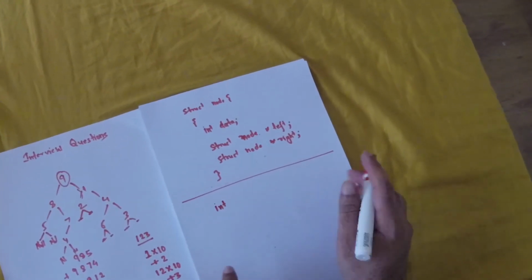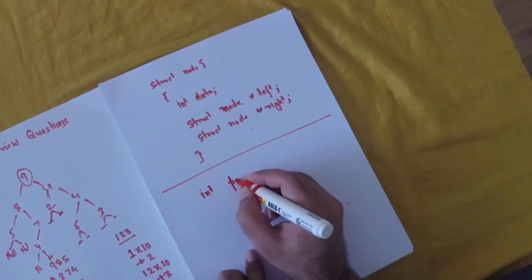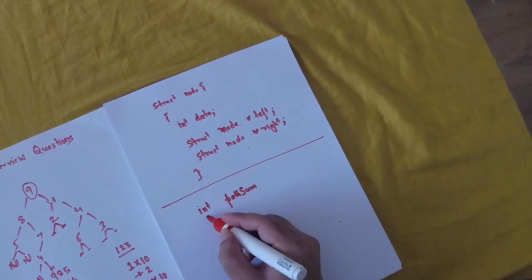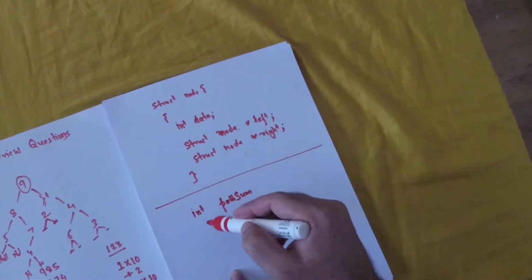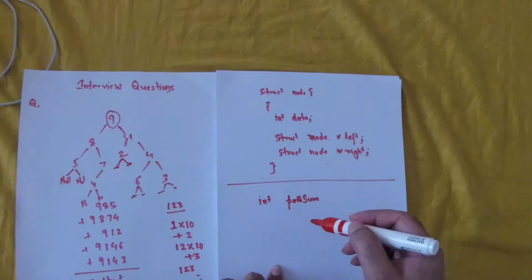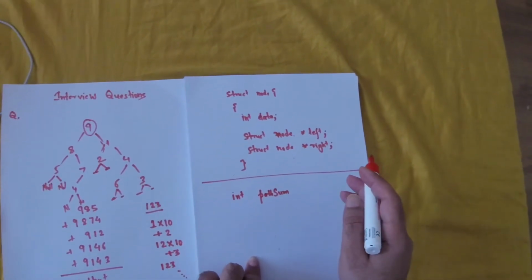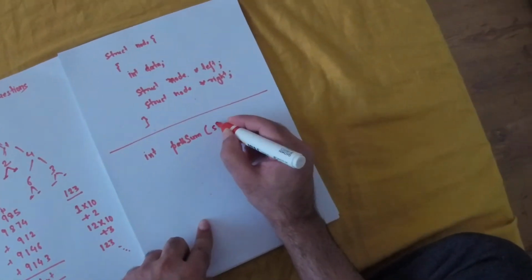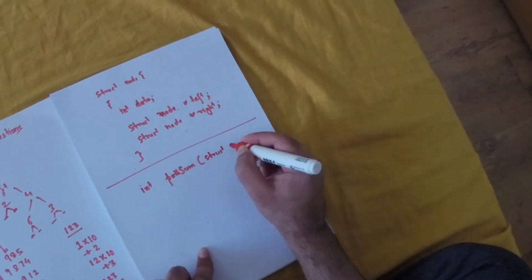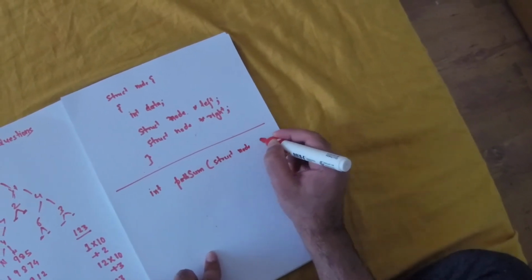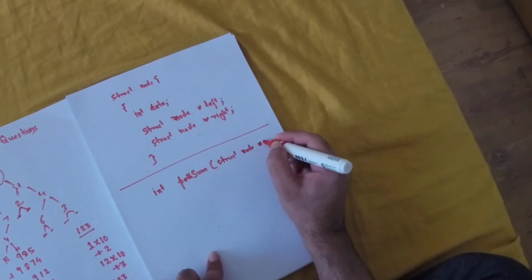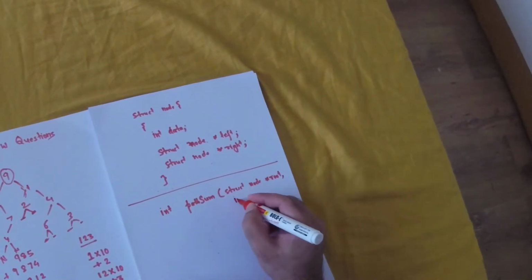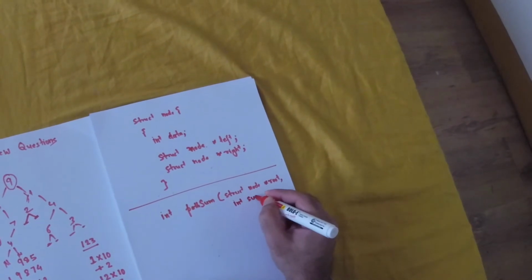So this is how you write a structure. So we will create a method pathSum. Its return type is integer because we will be adding all the values and returning it. It will be a recursive method. It will take the root node as a parameter and also the sum as a parameter.